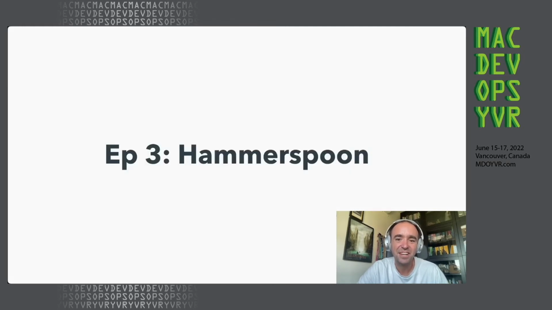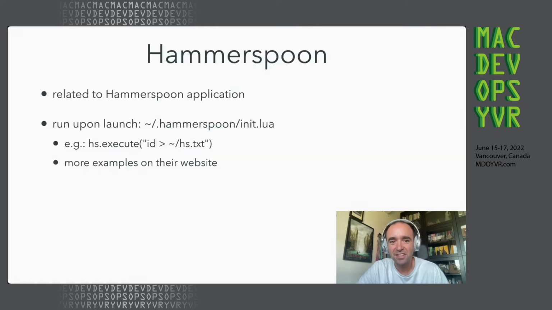Next one is Hammerspoon. Now, this one is an application-specific persistence, so this is not a default macOS persistence technique, and it's related to the Hammerspoon application. This is an automation application, and interestingly, it has a Lua script inside the home directory .hammerspoon directory called init.lua, and it will be executed when the application is launched.